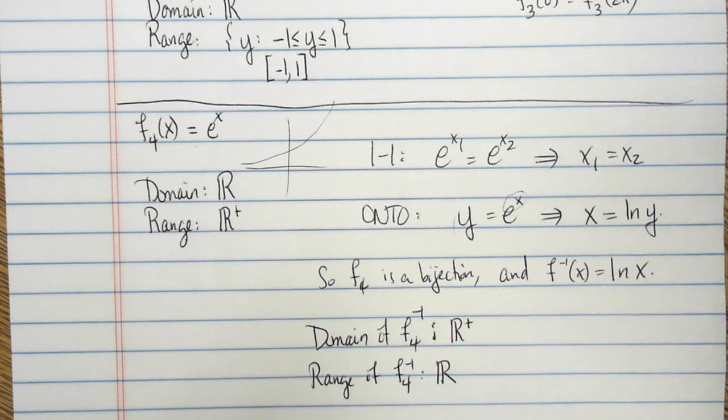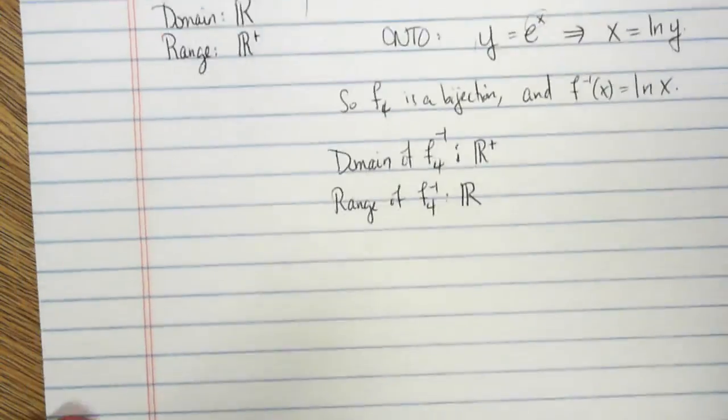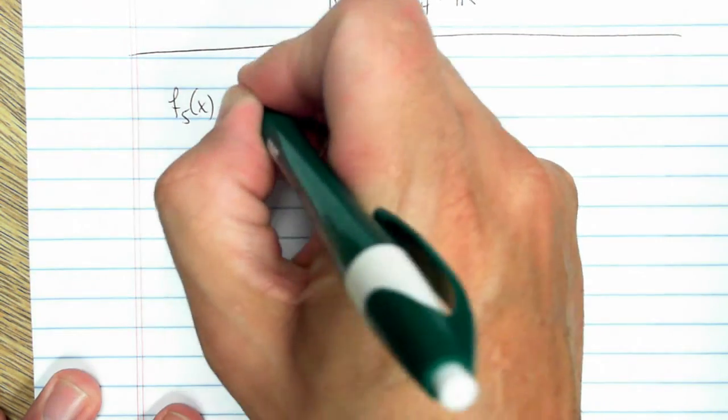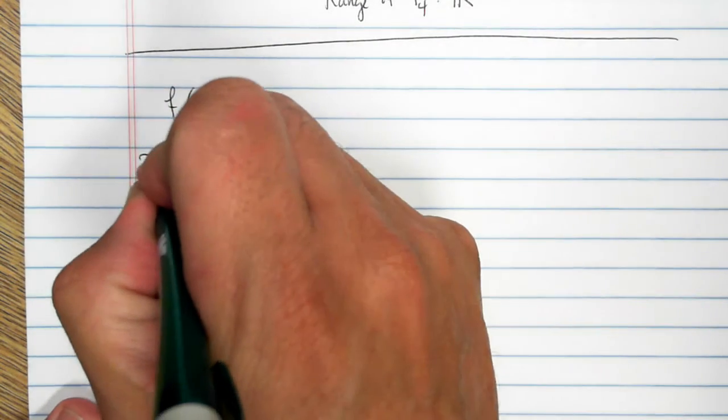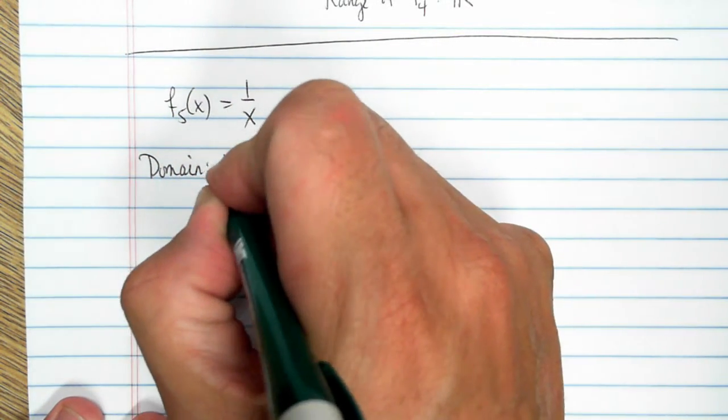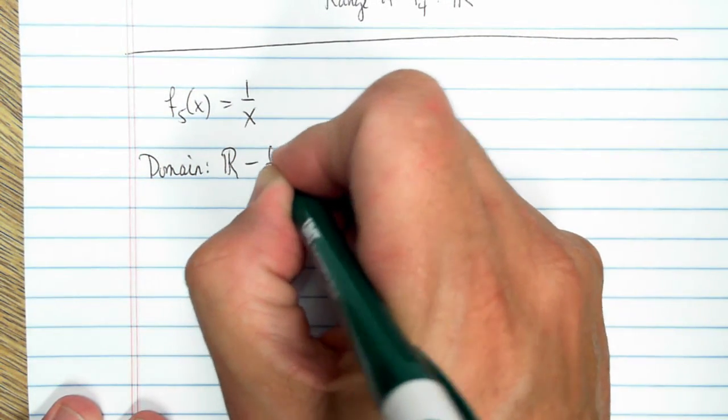All right, let's take a look at f5. So the next example, f5 of x is 1 over x. The domain of this function are all real numbers except for 0, because I can't take 1 over 0.